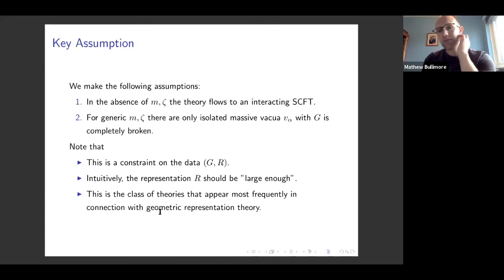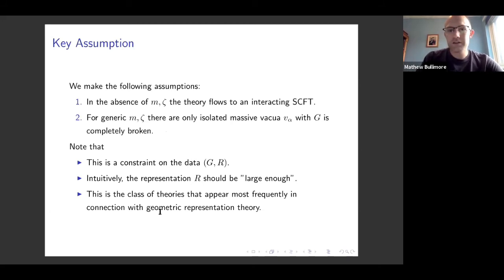All right, so I'm going to make an important assumption, which is fairly constraining. The motivation for doing this is that this assumption is going to give us a very nice set of theories.